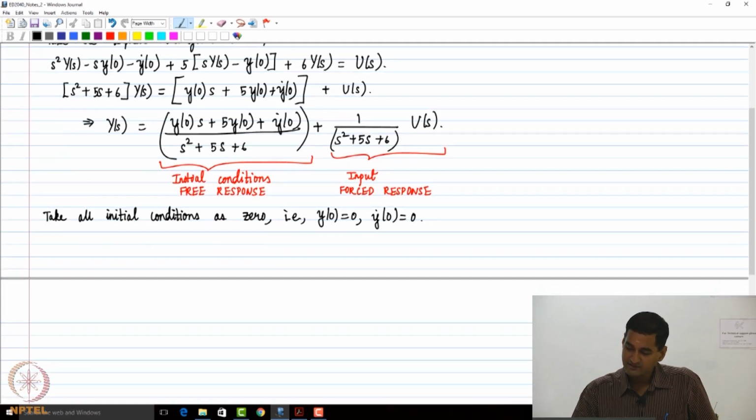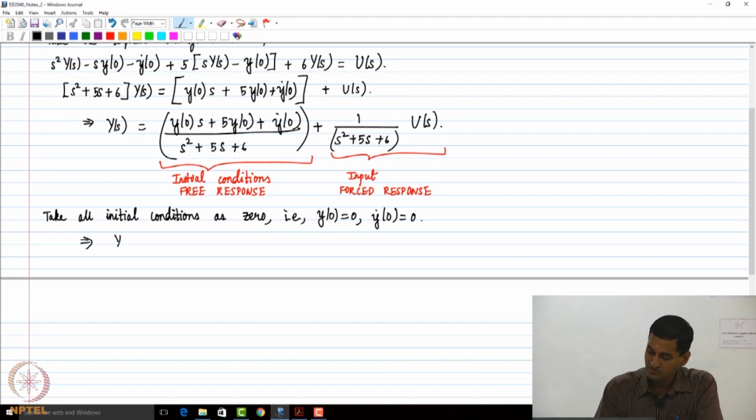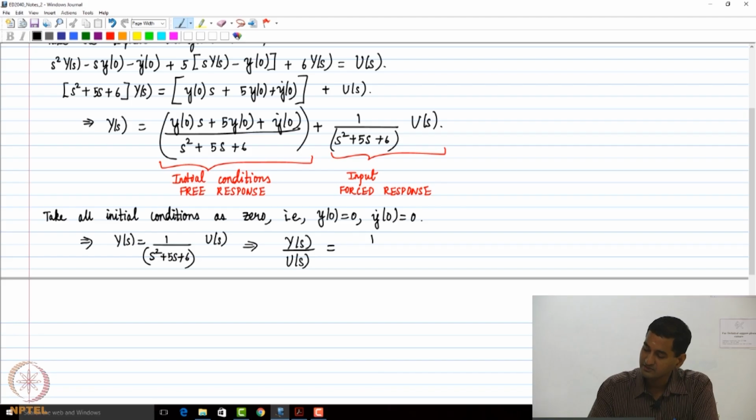Once I have that, the first term is going to vanish. So y of s is going to be just 1 by s squared plus 5s plus 6 times u of s. If I cross multiply, y of s divided by u of s is equal to 1 divided by s squared plus 5s plus 6.